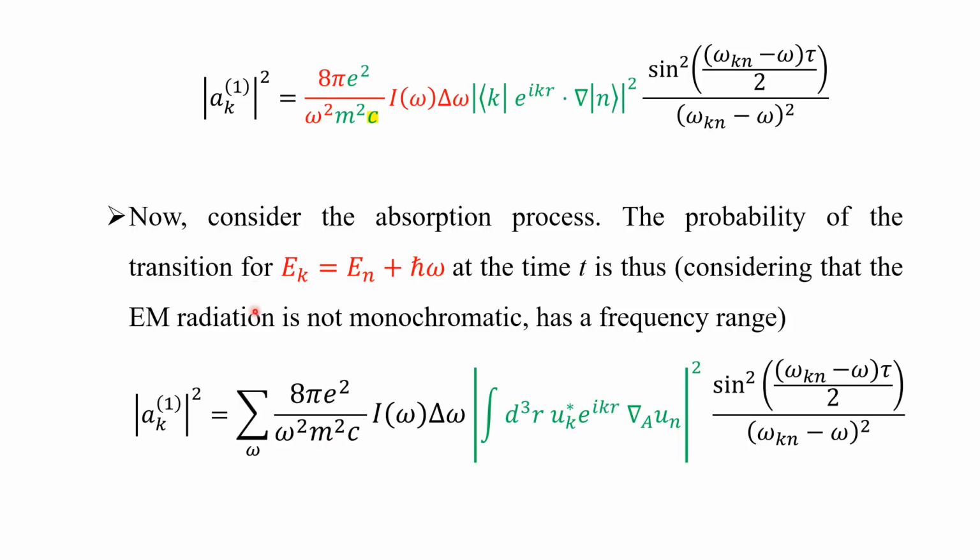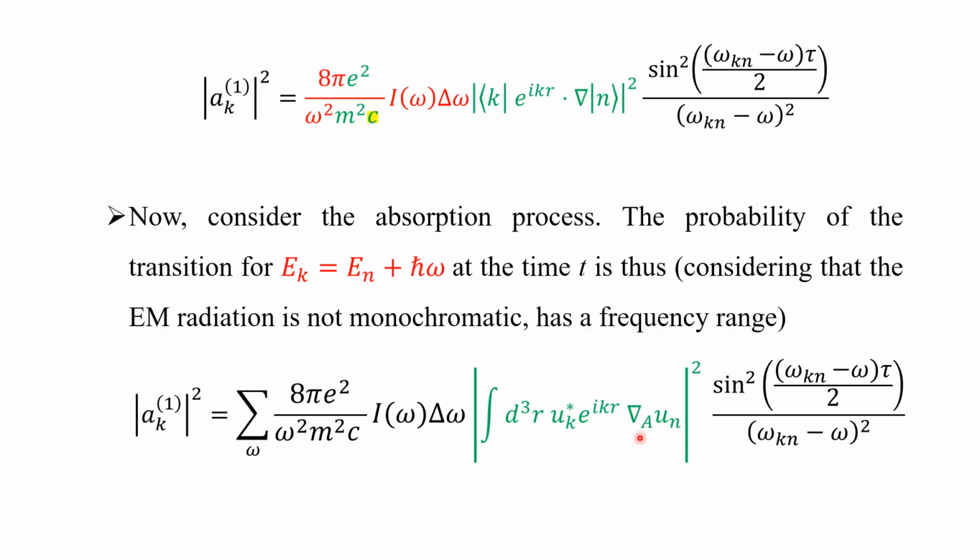Since it has a range of frequency, what we are going to do is sum over all the frequencies. That is summation over omega. This entire term will come. And what about this integral? We have rewritten this Dirac notation into integral form, which is equal to uk star, uk star is nothing but psi k, and already you have e power ikr dot del. This del a, I have used as a subscript.